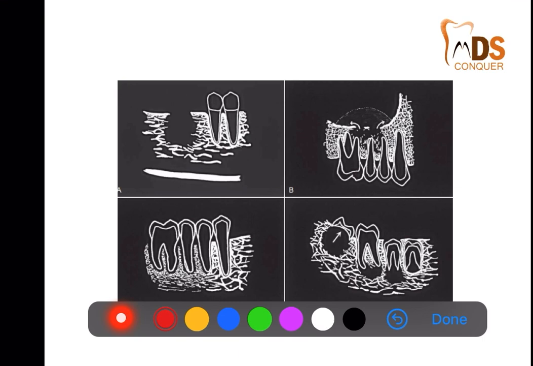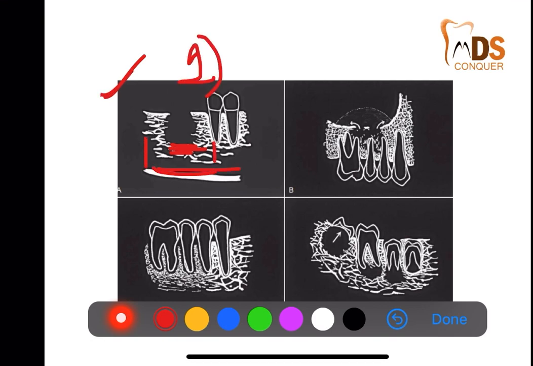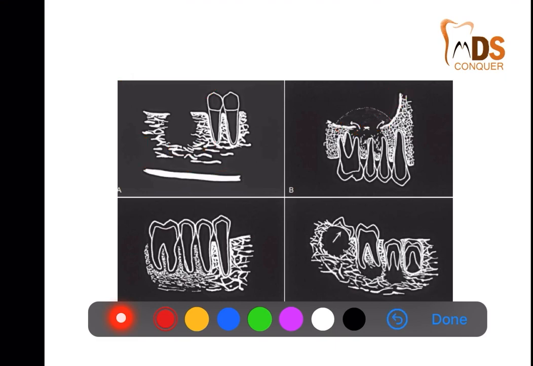The first one: ill defined invasive borders causing bone destruction. The second one shows destruction of the cortical boundary, and it is also invading into the soft tissue. So there are different findings given to identify malignancies. The first one, again, ill defined invasive borders causing bone destruction.